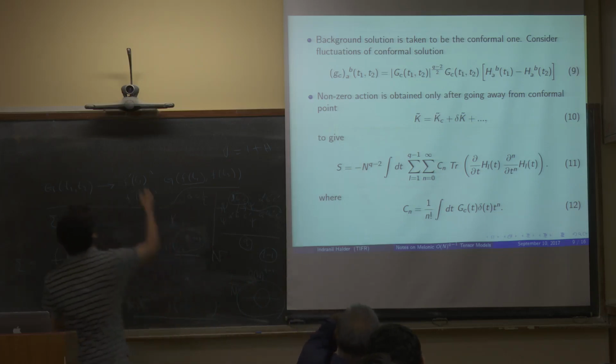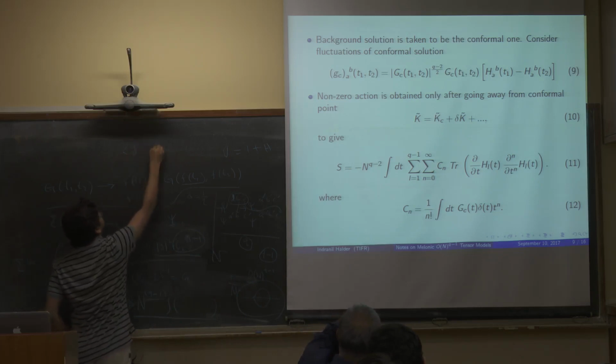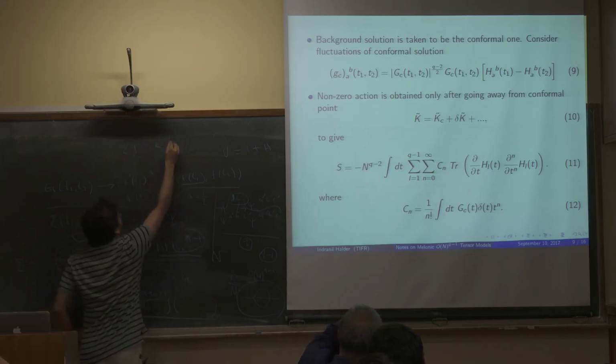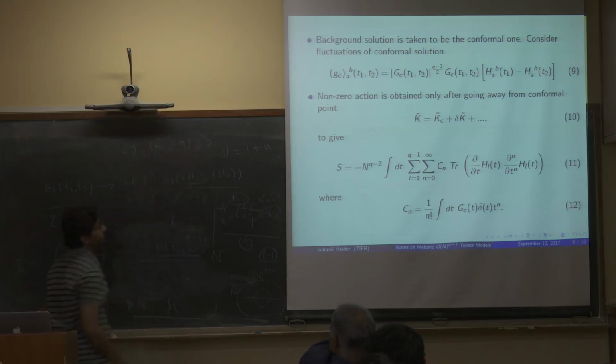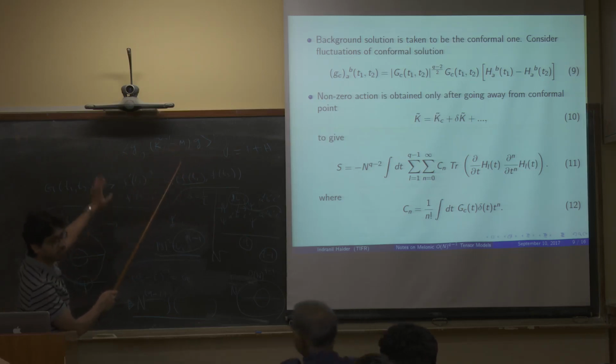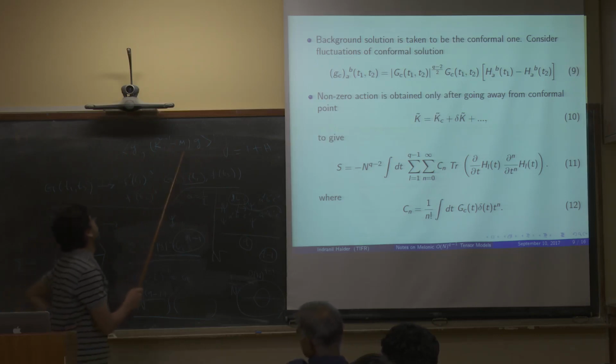And the structure of the action is of the following form: minus, the structure of the action is of this form, where these are the two g's from two sides, this is the kernel, and this is some contraction, some complicated Kronecker delta stuff.